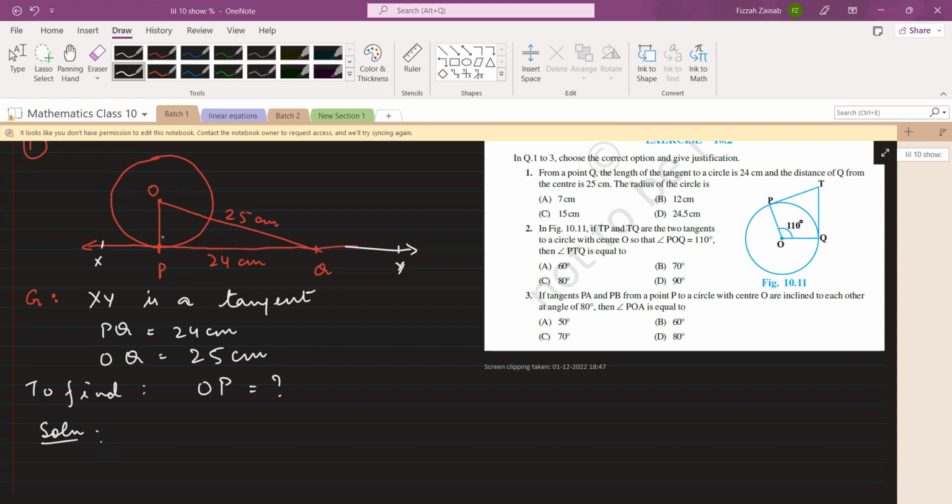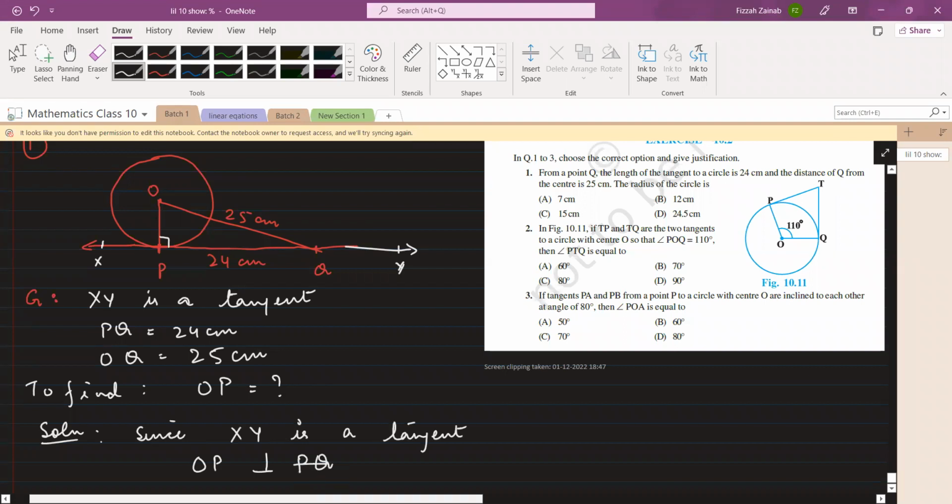Okay, so we have to show that this angle is 90 degrees. So we can use the theorem to show. Since XY is a tangent, that means your radius, which is OP, is perpendicular to XY. Is that clear? Now write the theorem in bracket. Why?